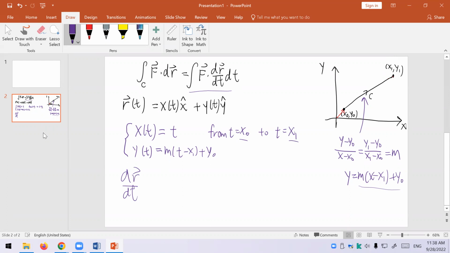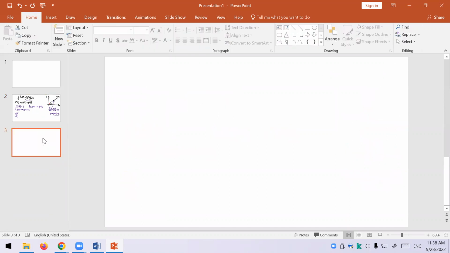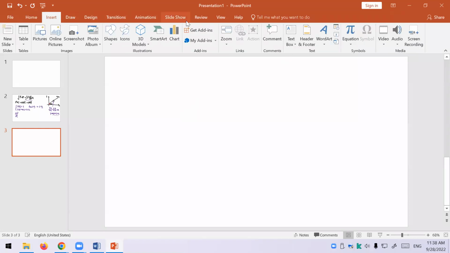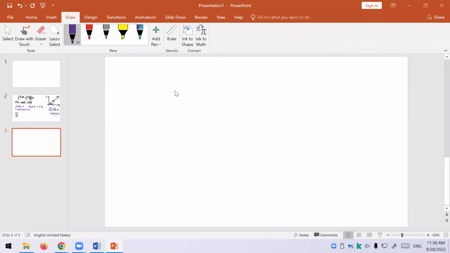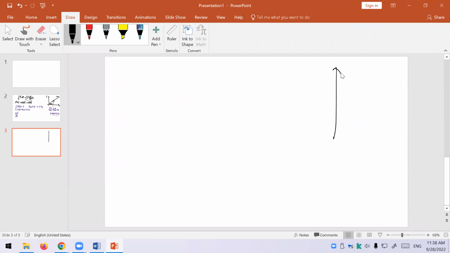Of course, this is the simplest case, where we have a straight path. But even if I have other paths, I can still do it without too much difficulty, as long as the path is not too complicated. So let's say I have this again. I go from this point to this point, and suppose both of these points are on this parabola y equals x squared.